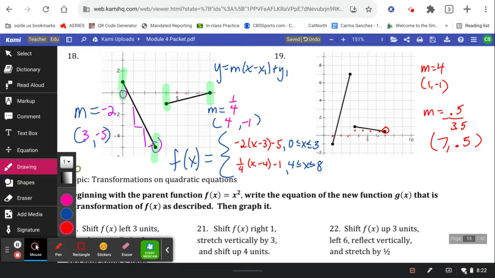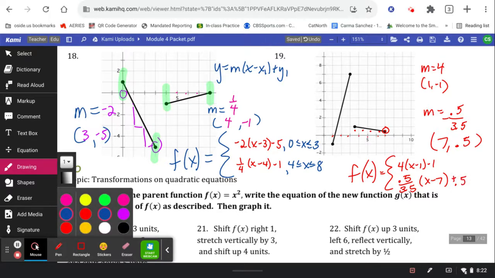And so here we go. f of x equals, let's do slope of 4, (x minus 1), minus 1. Slope of negative 0.5 over 3.5, (x minus 7), plus 0.5.